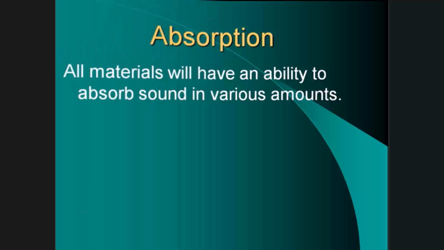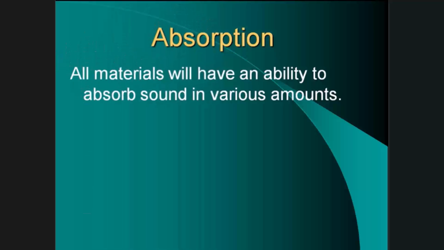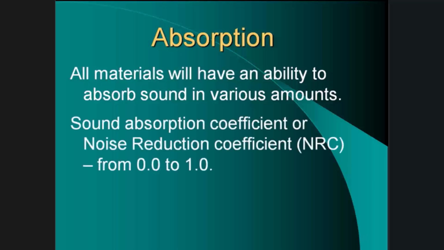All material has the ability to absorb some sound as determined by its noise reduction coefficient. Hard painted surfaces that are very reflective will have a very small noise reduction coefficient. At the other extreme, materials that are soft or porous are likely to have a high noise reduction coefficient.